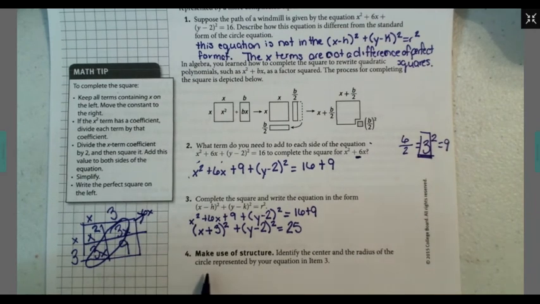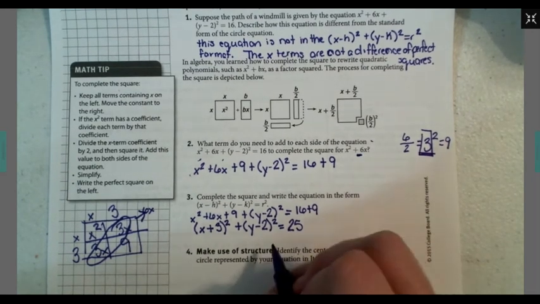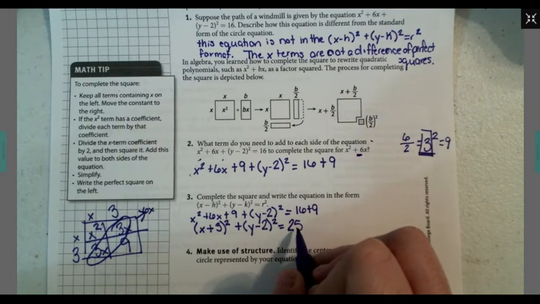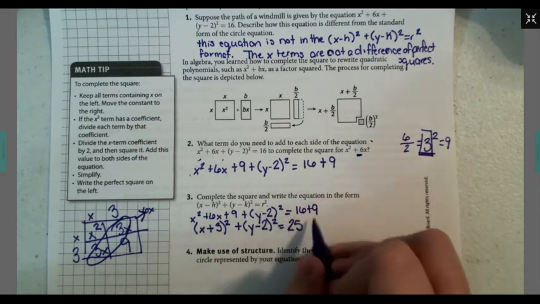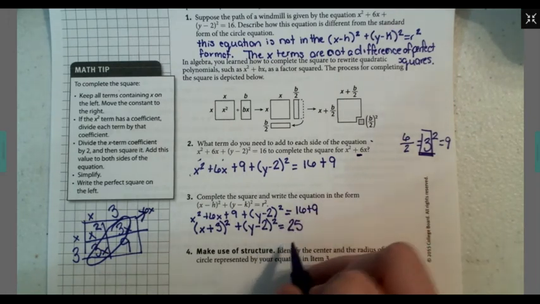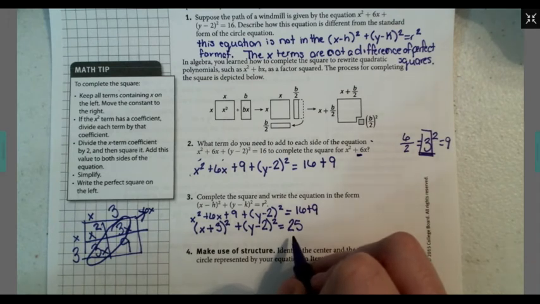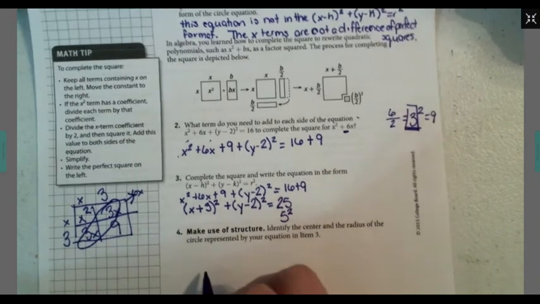It says, make sense of structure. Identify the center and the radius of the circle represented by your equation in item 3. If I really wanted to get more specific, what number to the second power is 25? What number squared is 25? 5. So my r is 5.